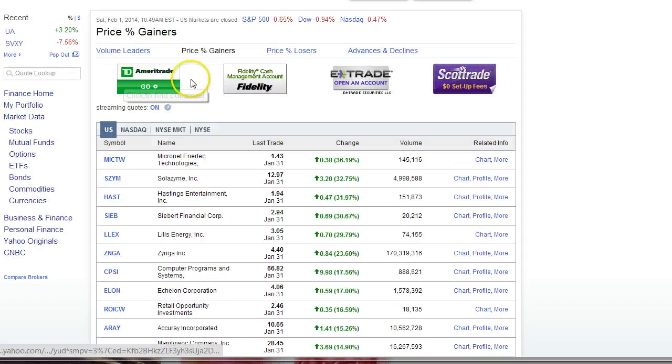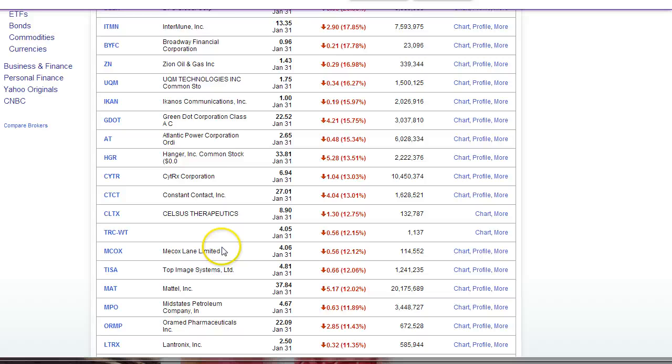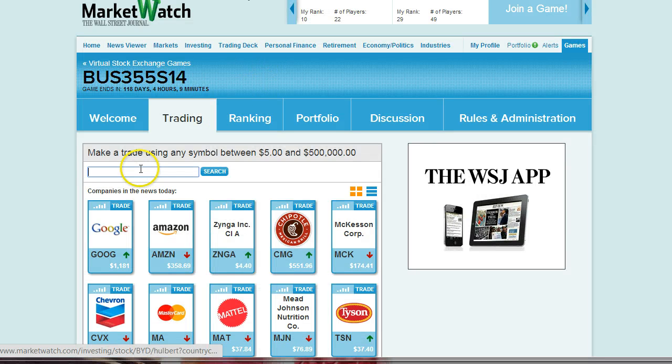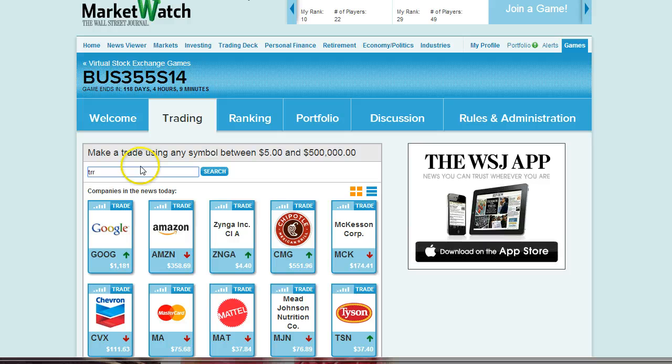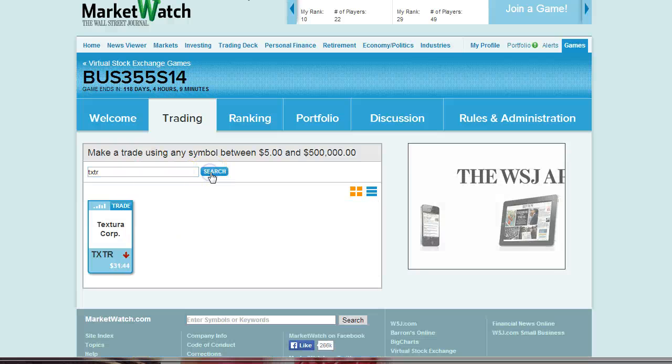I can also look at, maybe I want to look at the percent losers, and we'll see what companies. So maybe there's a buying opportunity in some of these companies. So if I look at TXT, type in TXT, and I could search for this company.